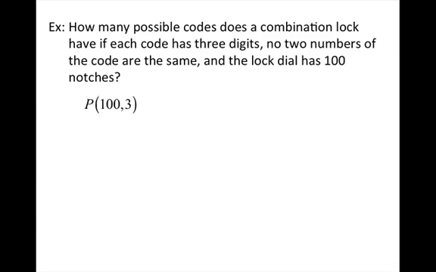I have 100 possible numbers to choose from, so my N is 100. Of those 100 numbers, I'm choosing 3. So I have a permutation of 100, choose 3. Now you can either work this out by hand using the formula, or you can work it out on your calculator. Either way is fine.